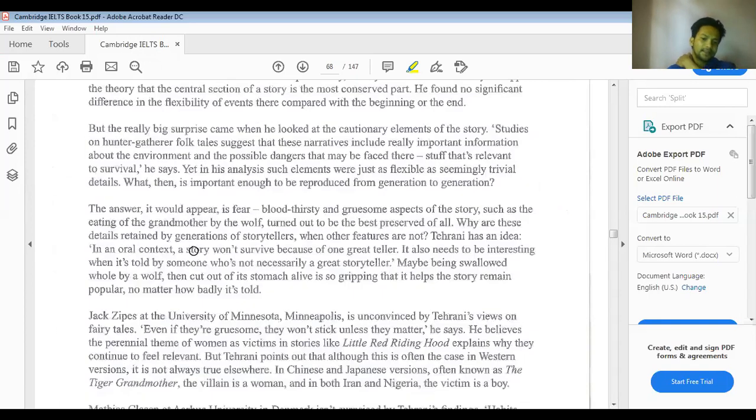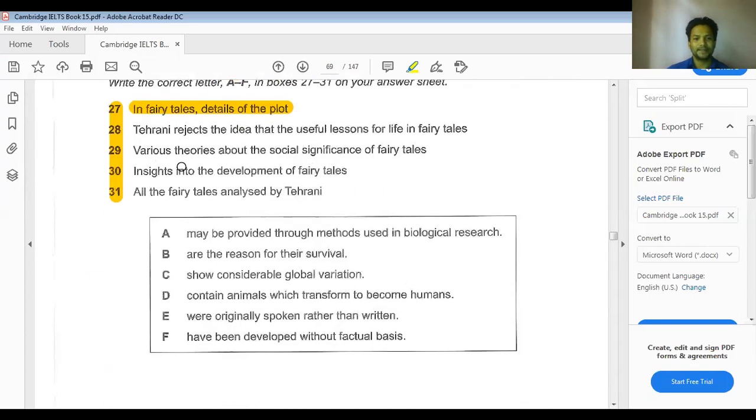Look here, we got exactly the question area in the very first sentence. In fairy tales, details of the plot are different in different parts of the world.